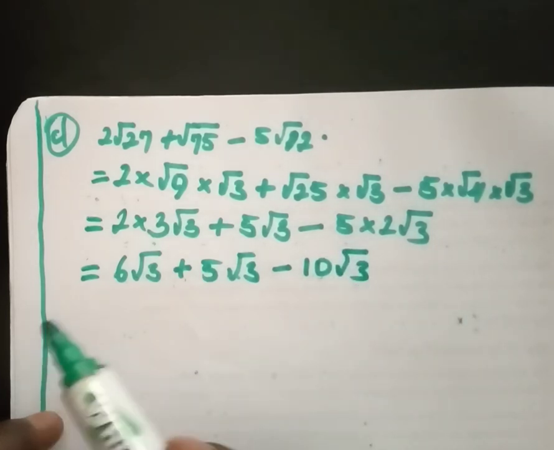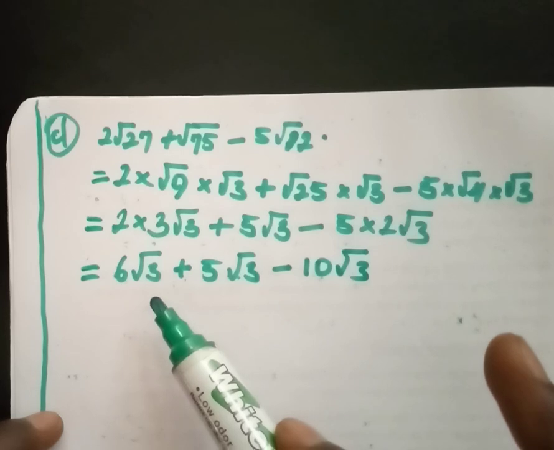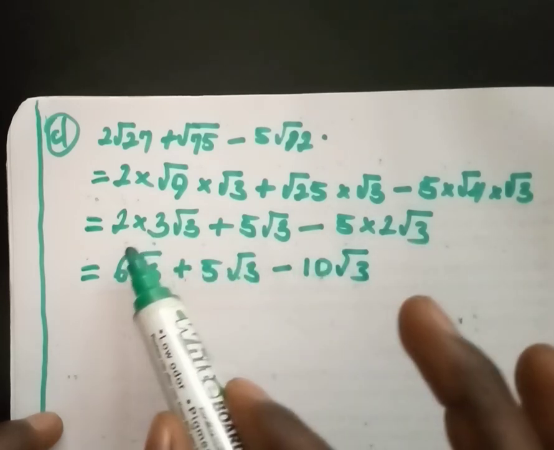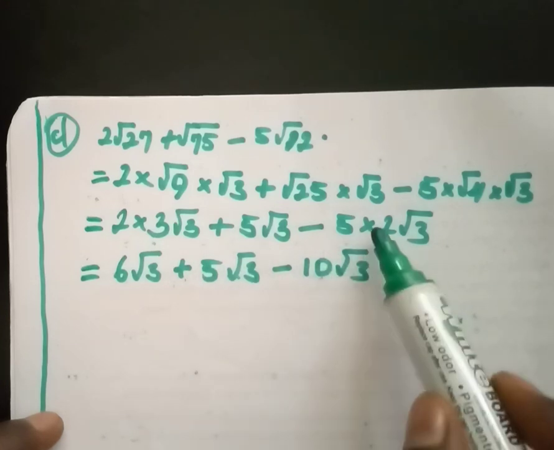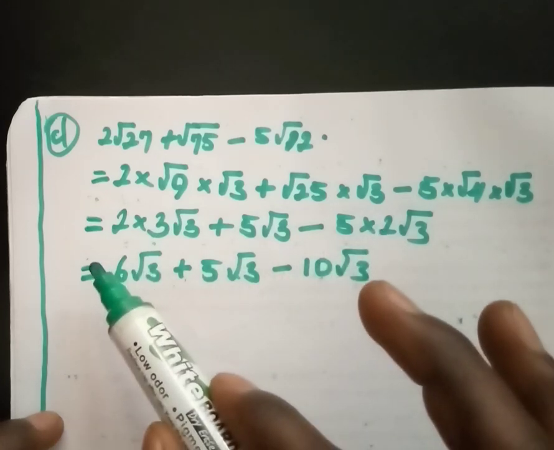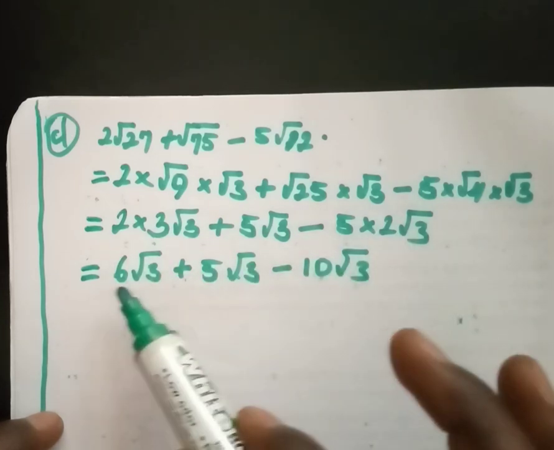You can see that now we have like surds. We have like surds here too, but there was multiplication here, so I decided to break everything down to this level.